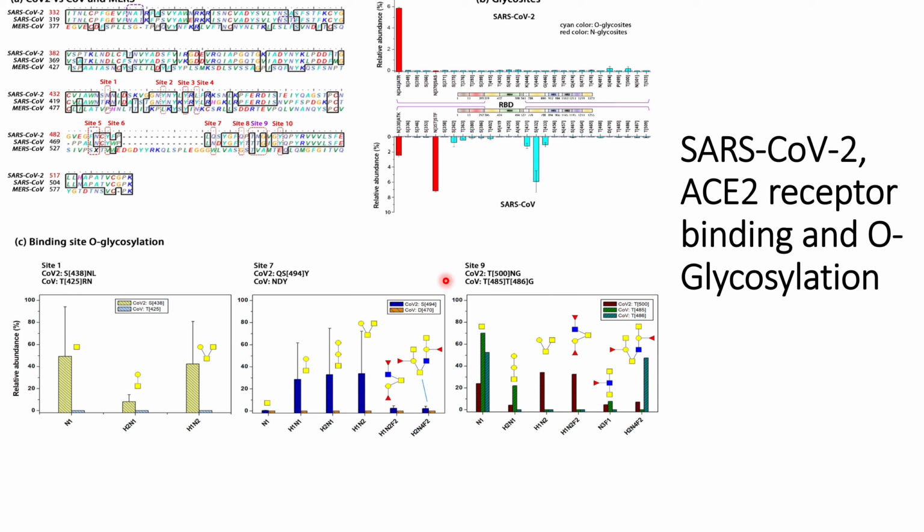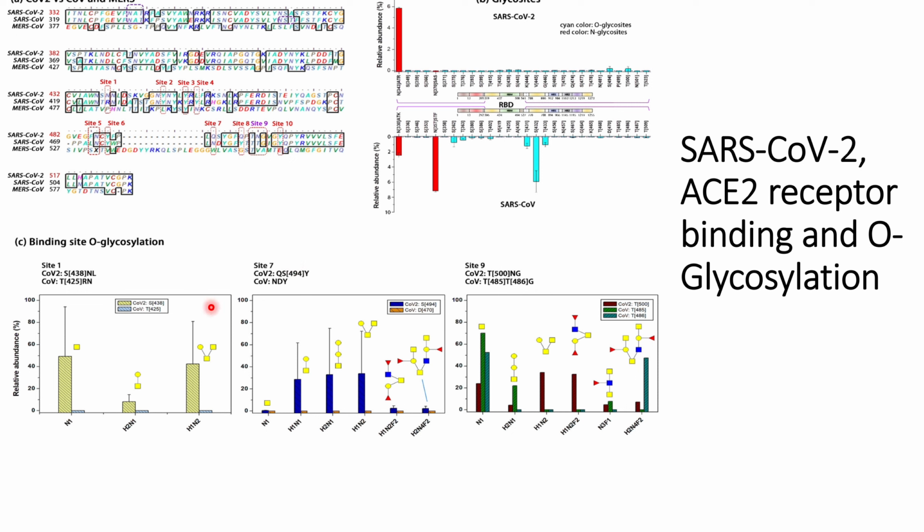From this they came to the point that O-glycans might play a role in the receptor binding motif for the SARS-CoV-2 virus more compared to SARS-CoV. That could be one of the reasons why SARS-CoV-2 is more infectious compared to SARS-CoV. Their results seem in line with the observation that SARS-CoV-2 is more infectious than SARS-CoV.